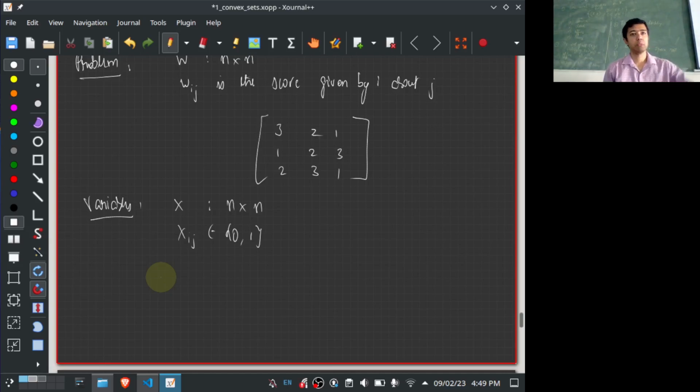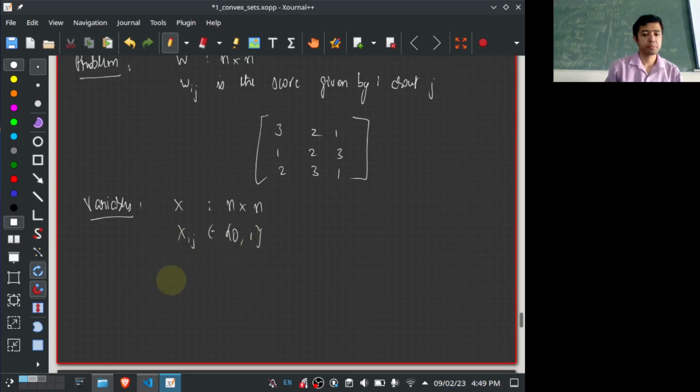So the row sum for any row gives you the number of advisors allotted to that particular student, and the column sum gives you the number of students allotted to that particular advisor.